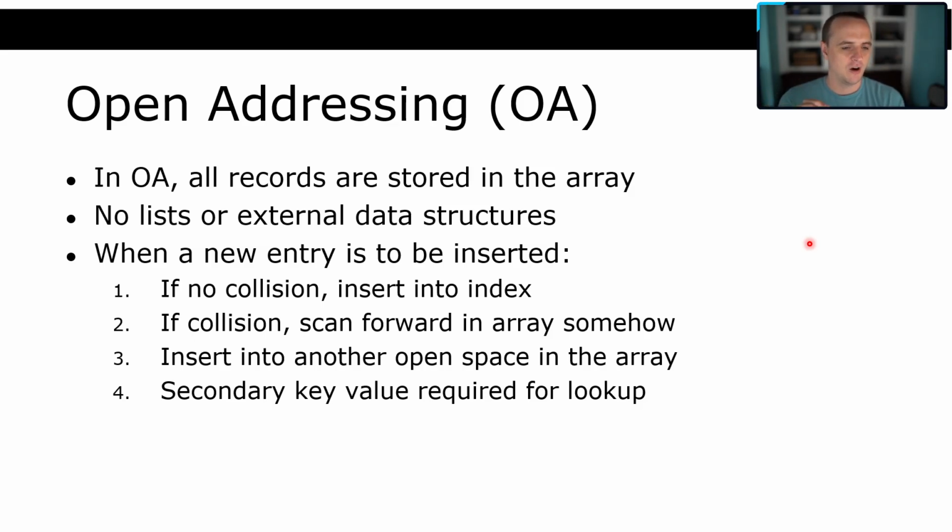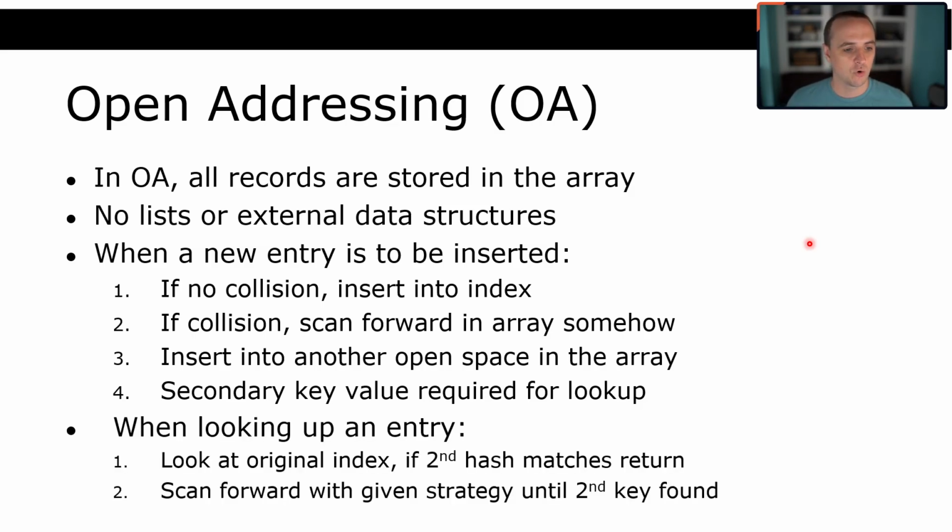And typically, open addressing is going to require a secondary key value or a secondary hash in order to look stuff up. So when we're looking up an entry, we're going to look at the original index, and if the second hash matches, then we return. Otherwise, we keep scanning forward with the given strategy until we find an entry that matches the second hash function.